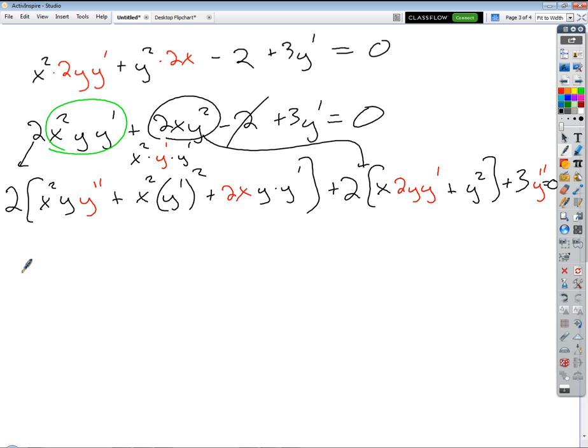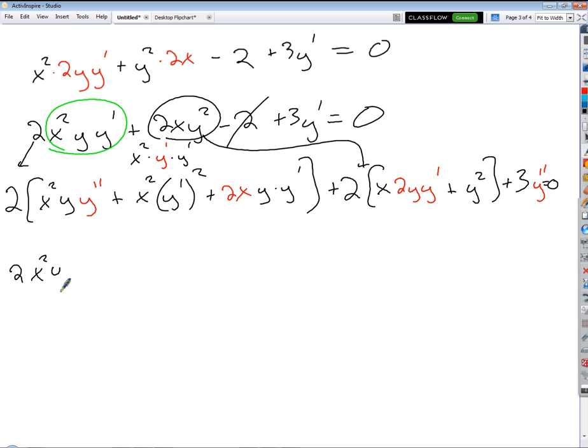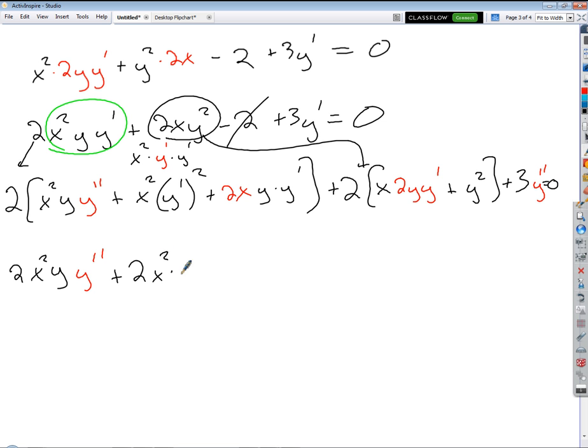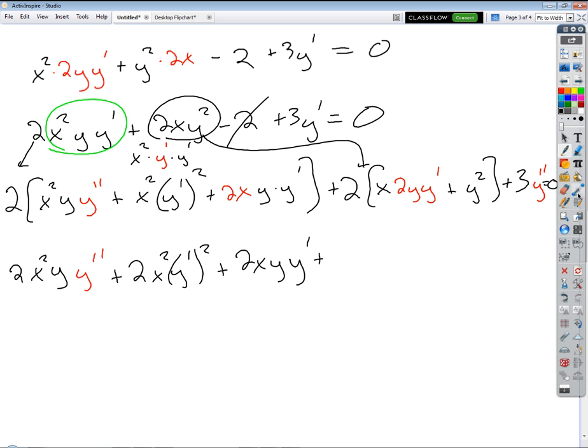So we get 2x squared y double prime, I'm just going to make the y double primes red, plus 2x squared y prime squared plus 2xy y prime times 4. Just simple multiplication.